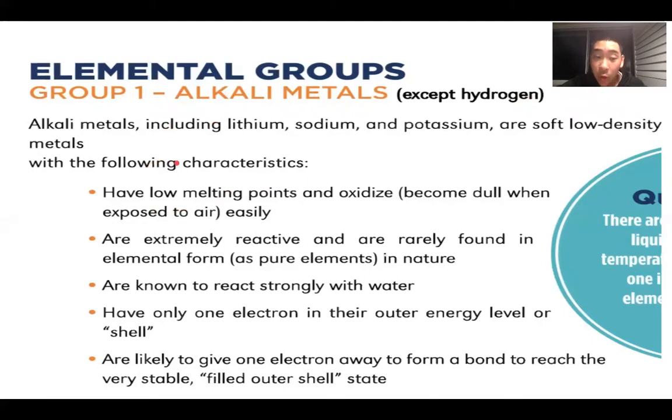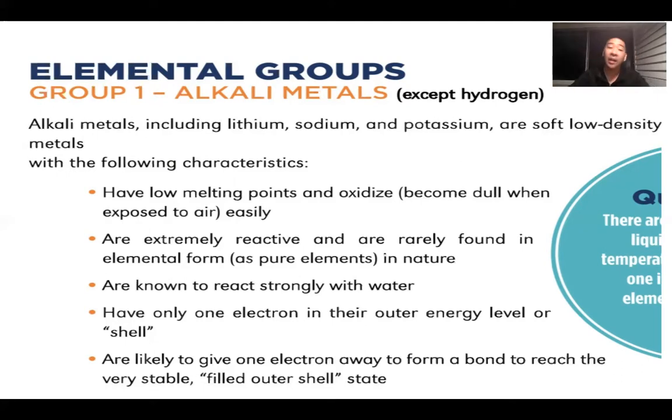So alkaline metals are incredibly reactive because they have one of two scenarios, right? On one side, on their outermost electron shell they have one single electron, so they really want to get rid of it, or they have 7 electrons and they really want another one to make it 8, and 8 is the magic number. 8 is like perfect.